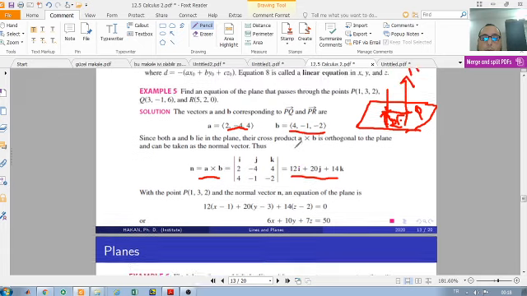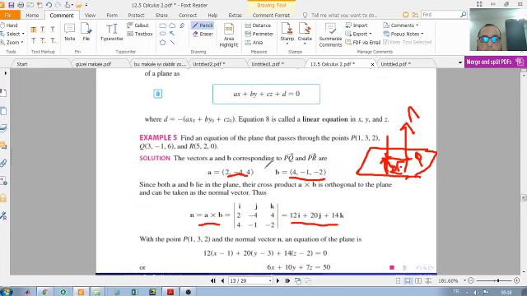So we know a point on the plane, and we know its normal vector. In the linear equation written here, the coefficients of the variables x, y, and z are the components of the normal vector.